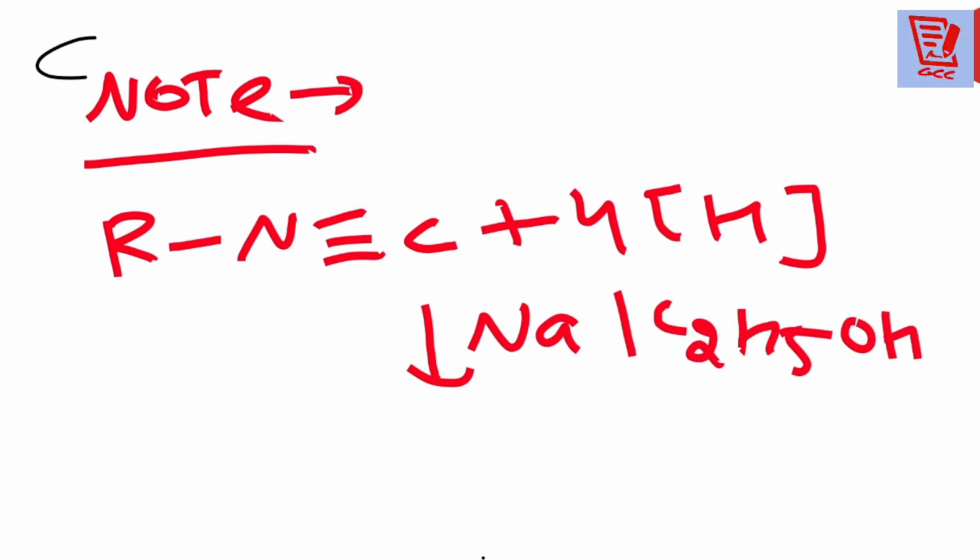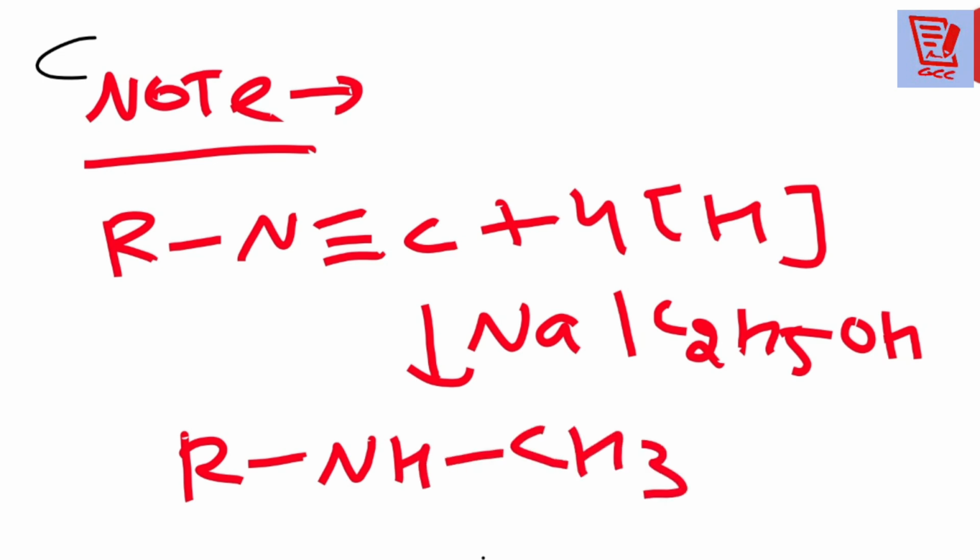What we get over there is R-NH-CH3. Previously we made the primary amine; this is called a secondary amine. Clear?